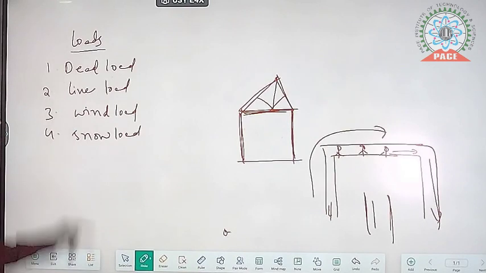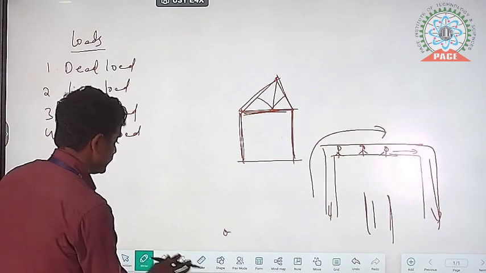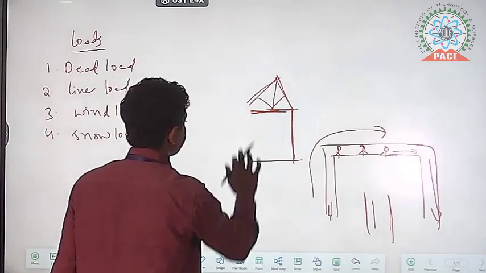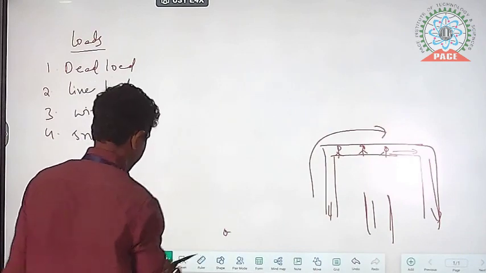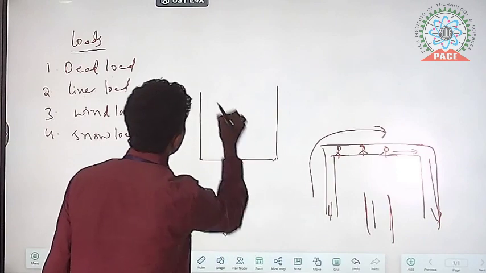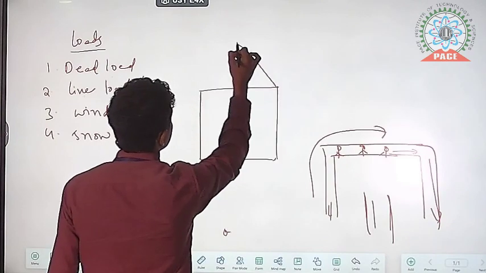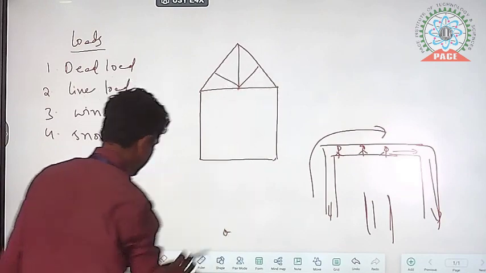For example, this is one steel structure. This is the window, and this is the door.